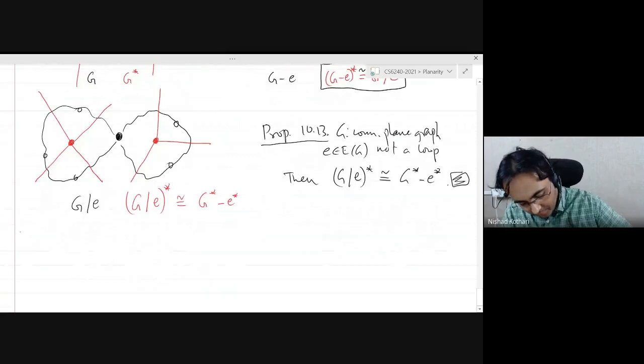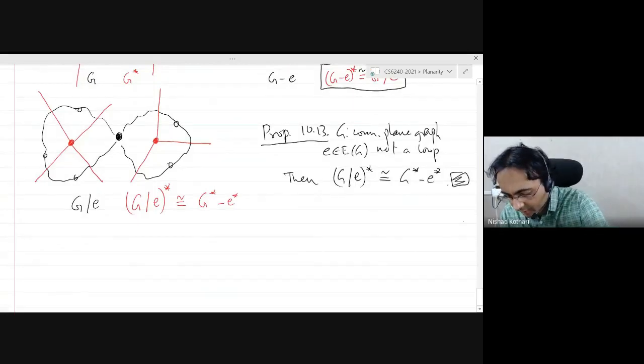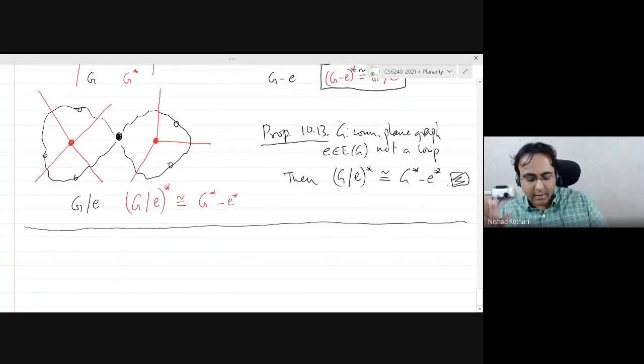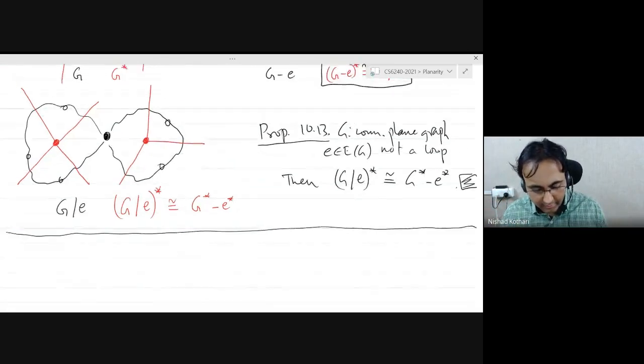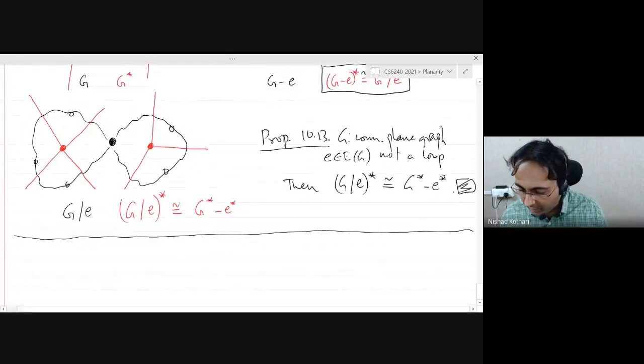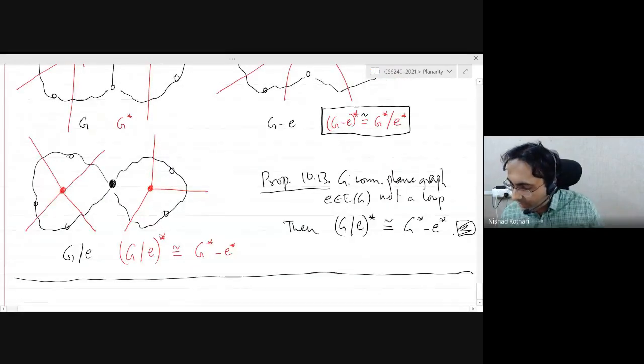Okay. Good. So this tells you that there is a nice relation between contraction and deletion of edges when you look at planar duality. Through the lens of duality, you can see that these are connected operations.